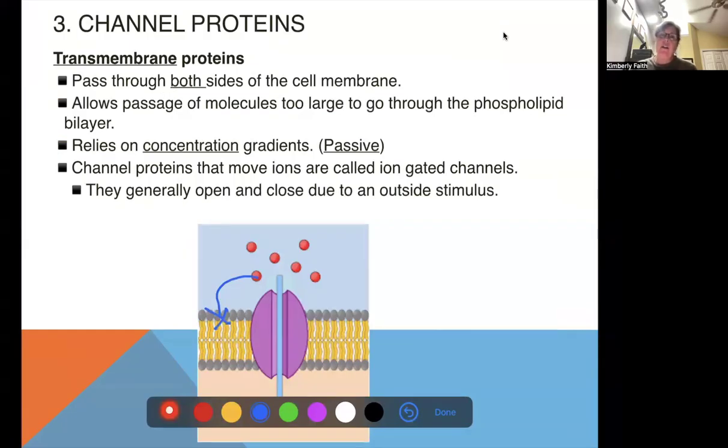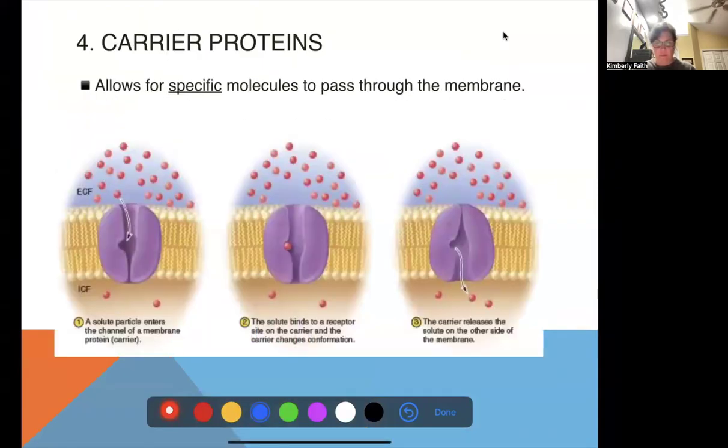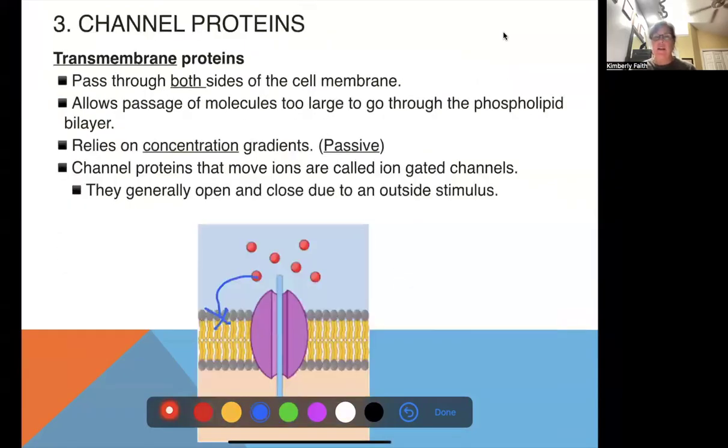There are some channel proteins that are very specific for carrying certain ions, whether it's potassium, sodium, calcium, or chloride. And so they actually have to get a stimulus from outside to say whether it's open or closed.